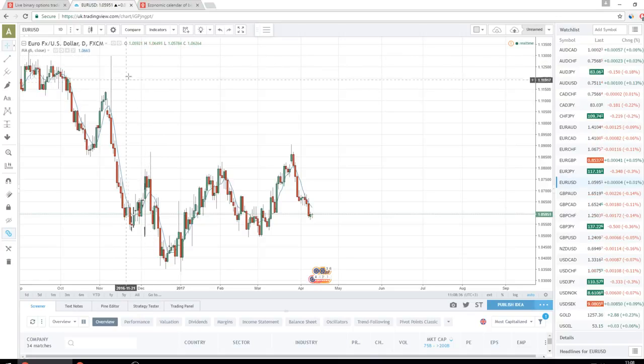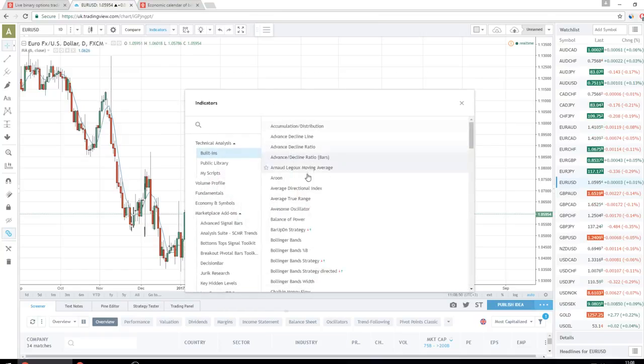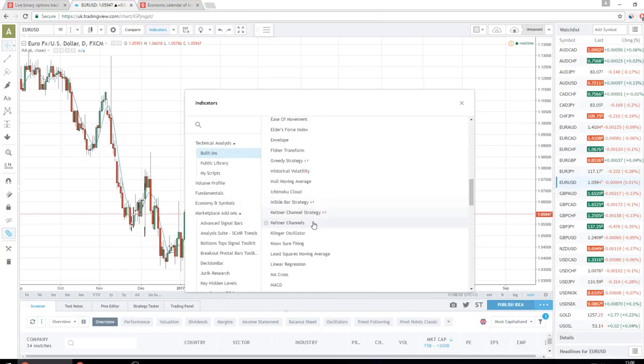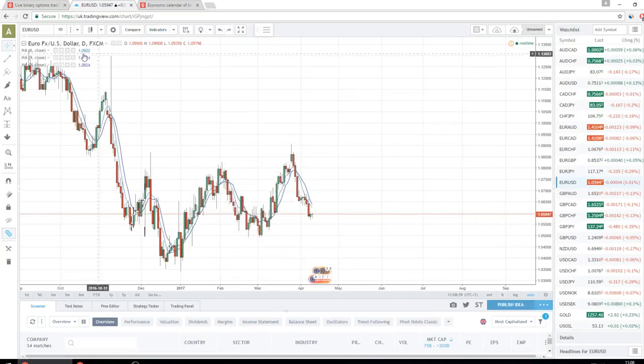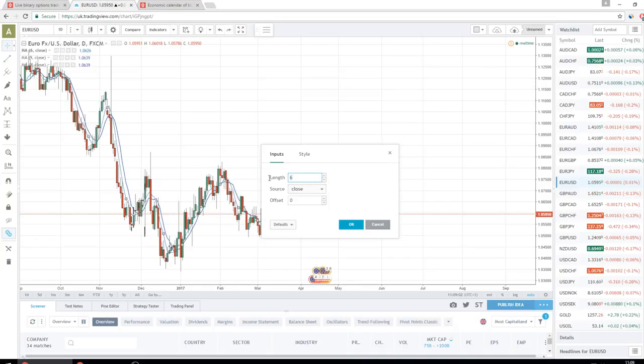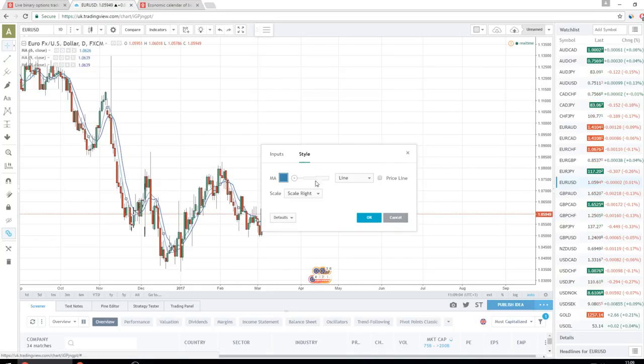Many traders use simple moving averages in order to make the analysis, but with different periods. Let's say I can add another moving average and another one. Let's put here 8 candles and make it red.